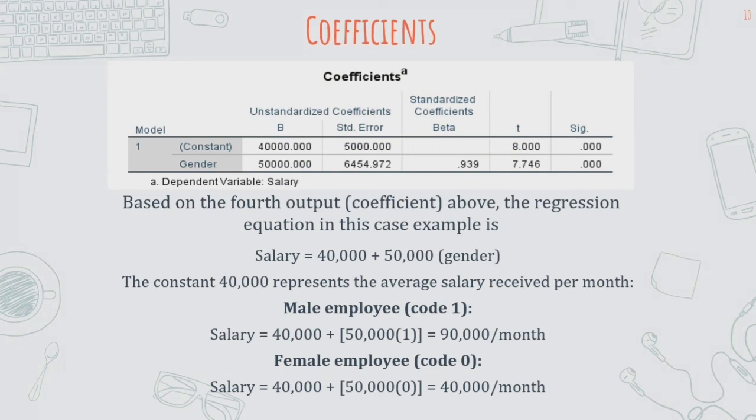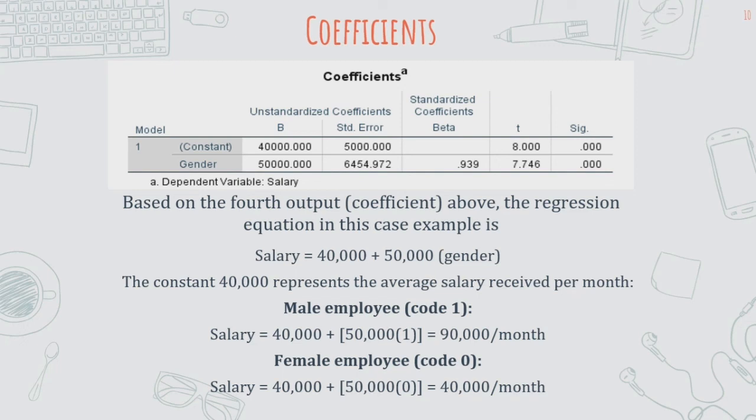The constant 40,000 represents the average salary received per month. For a male employee, code number 1, salary equals 40,000 plus (50,000 times 1) equals 90,000 per month. And for a female employee, code number 0, salary equals 40,000 plus (50,000 times 0) equals 40,000 per month.